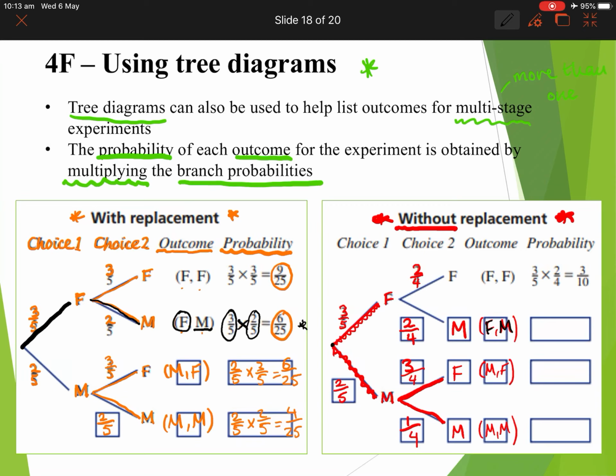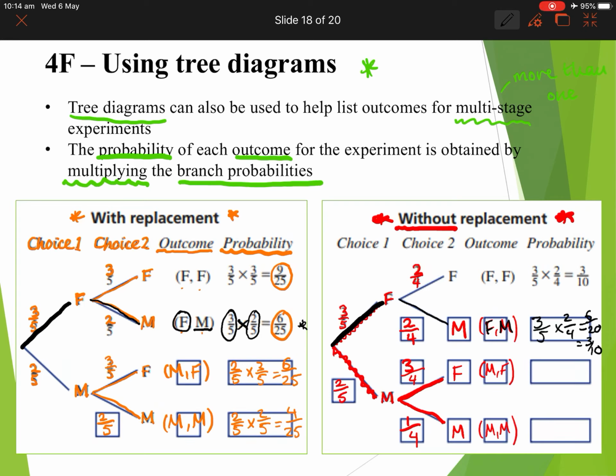So you need to go along your branches. So along here, which is 3/5, times, to get a male, the probability is 2/4, which equals 6/20. Simplify that though, and it's 3/10. Okay, and you keep going.